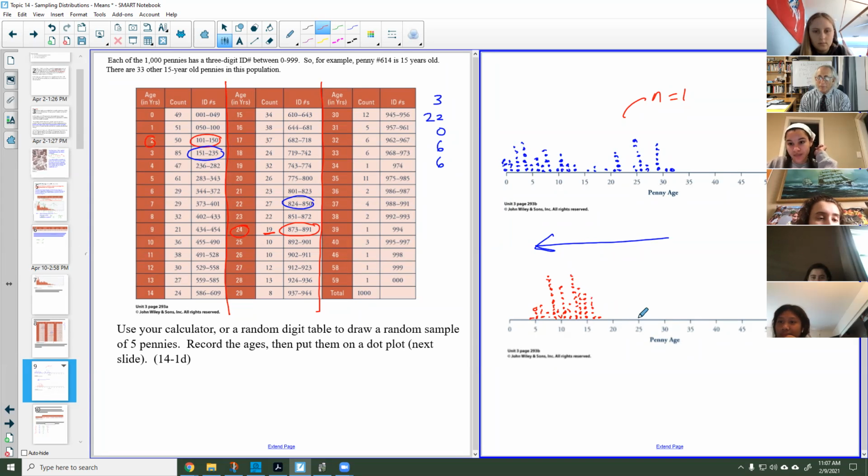Oh wow, that one's way over here. There's an outlier there, I think. All right, so a lot more variability here than here with our sample size of 5. Everybody see that? Less variability. Are you clear on that? Yes.